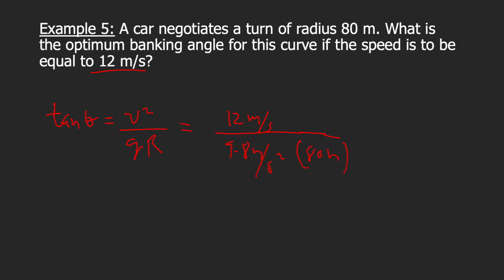So tan theta is equal to 0.184. Then to get theta, that is arctan of this, so that's equal to 10.40 degrees. Okay, so that's the optimum banking angle.